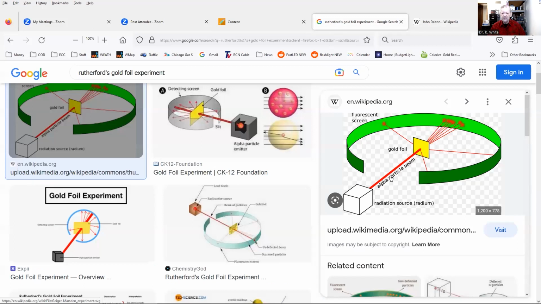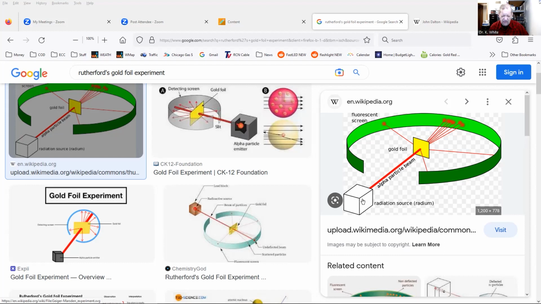Now, if you look on your screen, let me check to make sure you're seeing what I think you should be seeing. And the answer is yes. Rutherford had a very thin piece of gold foil, and he shot at that.